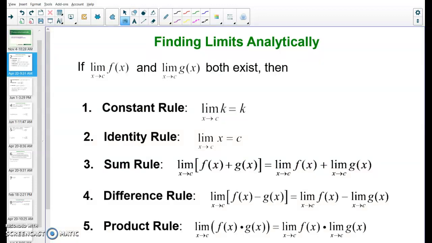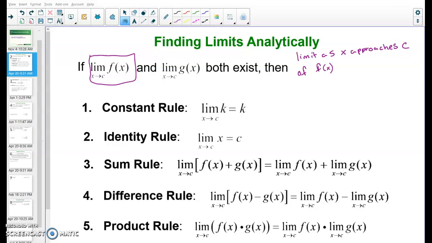So here are just some different rules. Okay. They're similar to some rules that you've seen with other problems as well. Okay, a limit function is set up algebraically or analytically in this format here. Okay, and that reads limit as x approaches c of f of x.